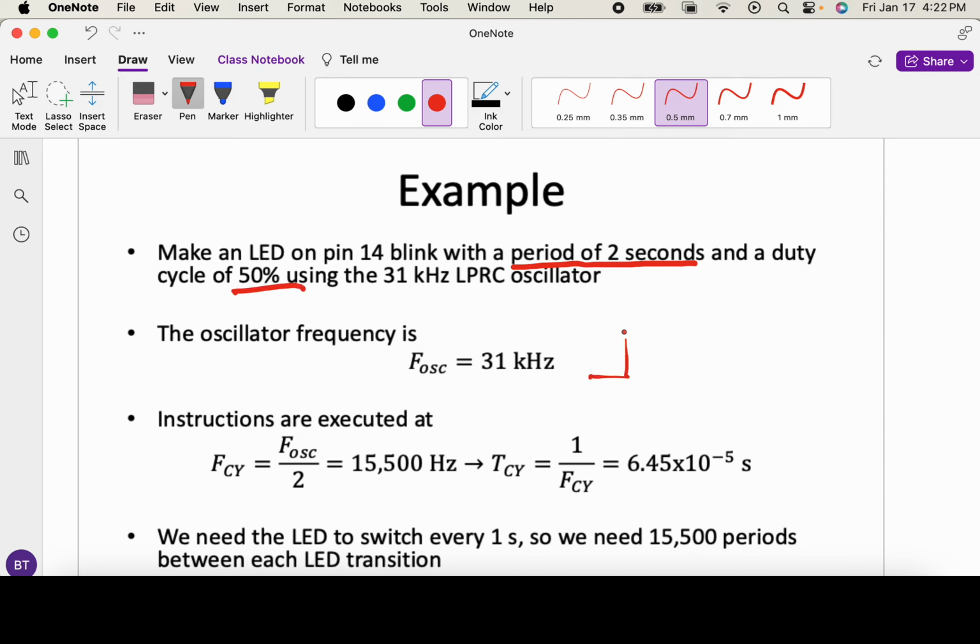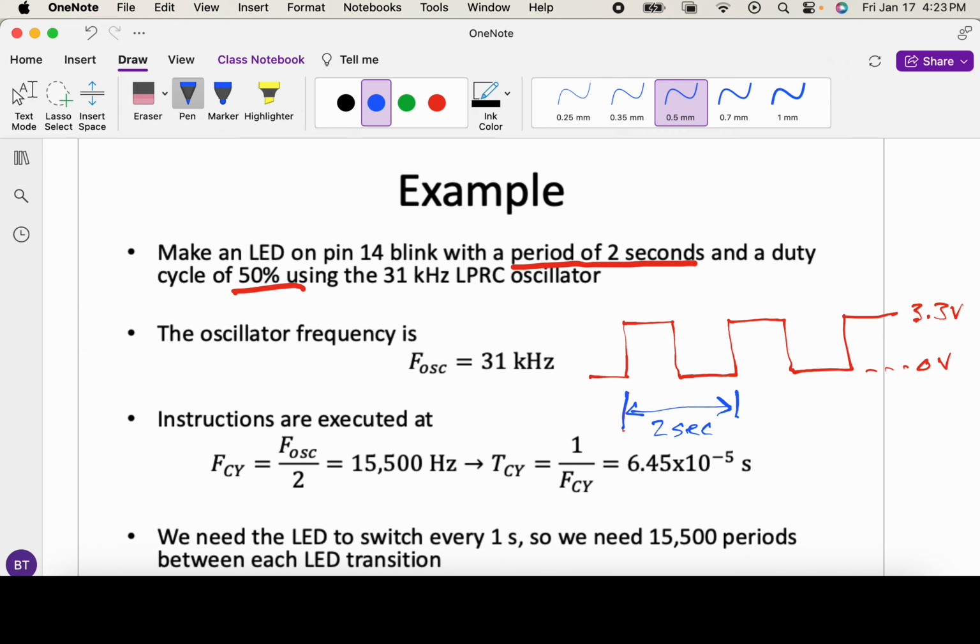To turn that LED on and off, we want pin 14 to go from 0 volts to 3.3 volts, where this time distance is 2 seconds, and with 50% duty cycle, the time where the voltage is at 3.3 volts is 50% of 2 seconds, or in other words, 1 second.